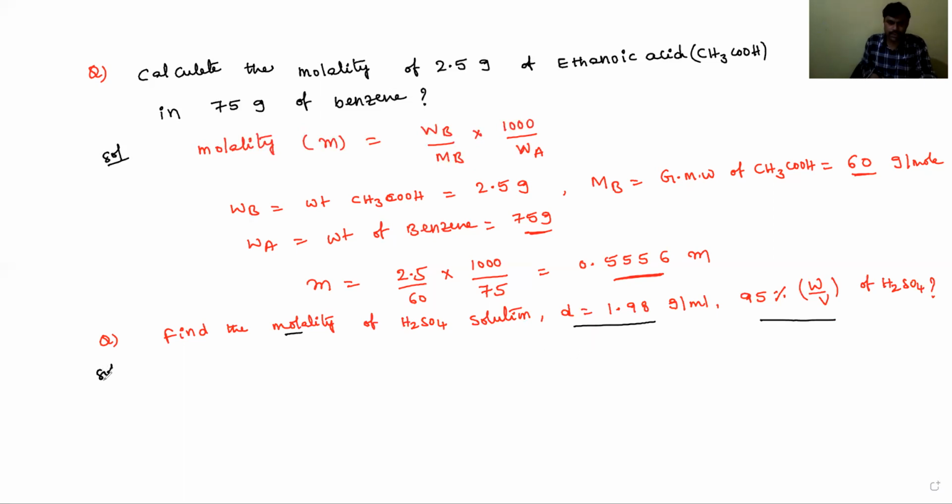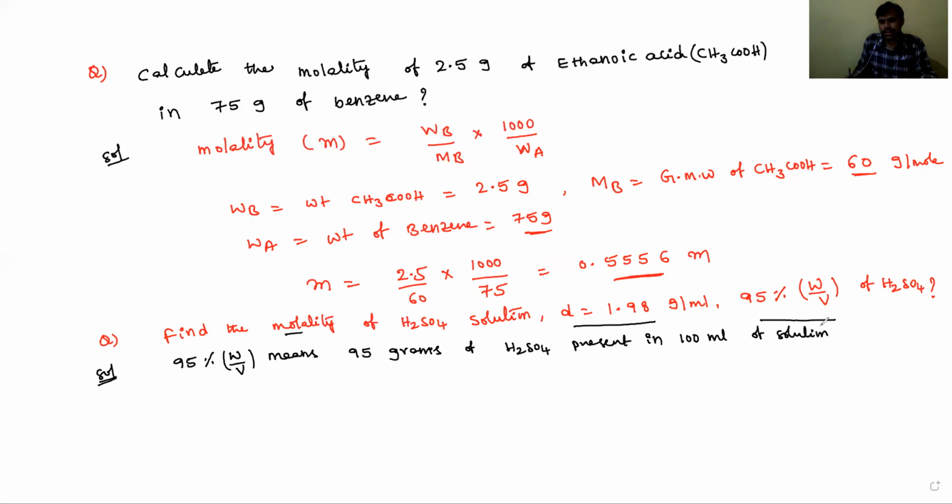Dear students, let's see the meaning of 95%. 95% weight by volume, W by V, means 95 grams of H2SO4 is present in 100 ml of solution. In 100 ml of solution, 95 grams of H2SO4 solute is present.